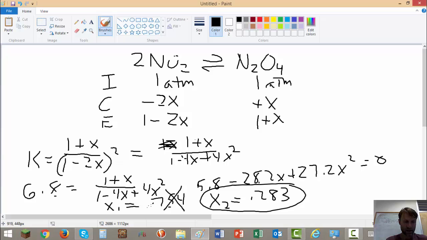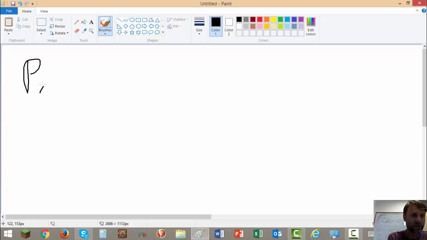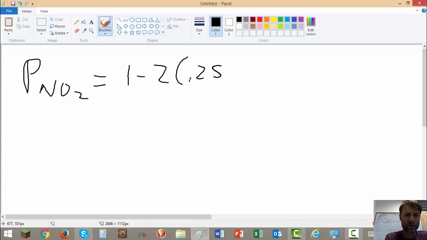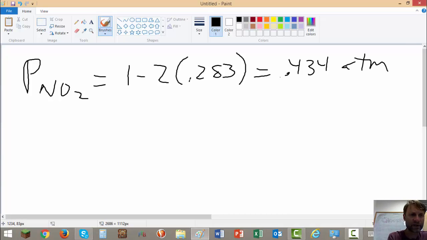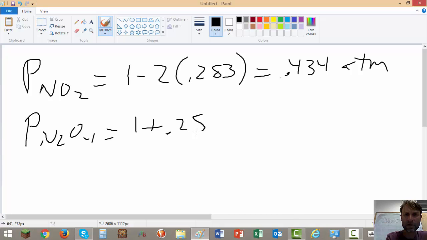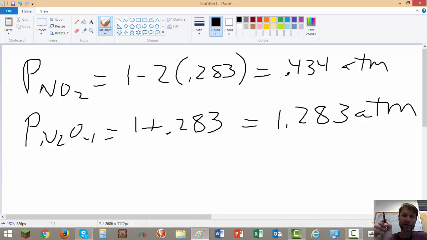And so then we can calculate the equilibrium partial pressures of each component. P NO2 equals 1 minus 2 times 0.283, and that equals 0.434 atmospheres, and P N2O4 equals 1 plus 0.283, which equals 1.283 atmospheres.